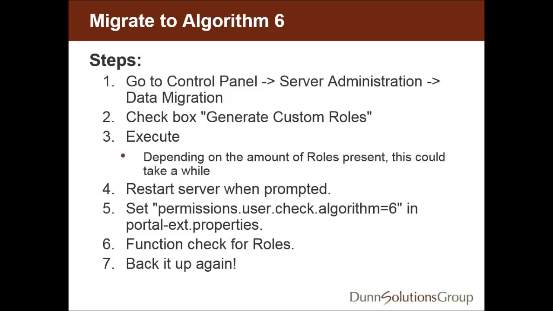And some version-specific preparation. If you're on a version below 6.0, you want to make sure that you are upgraded to permission algorithm 6 before going forward with the upgrade, because starting with Liferay 6.1 and 6.2, permission algorithm 6 is the only permission algorithm supported.